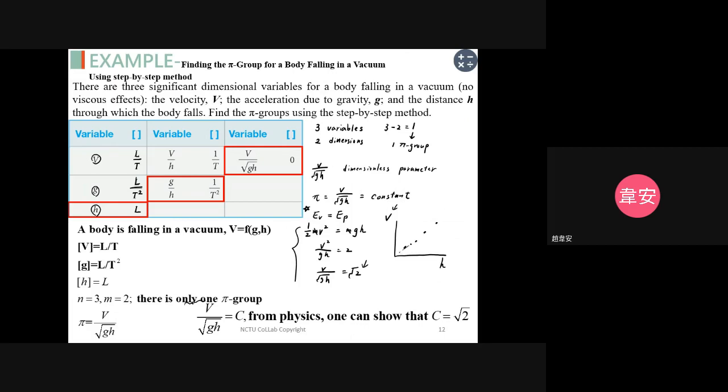Then we do a regression line, and the slope of the regression line indicates the constant coefficient. So after dimensional analysis we pick out the pi group; for this example it is V divided by the root of gh. We can base laboratory experiments on this parameter to figure out how large the constant coefficient is.